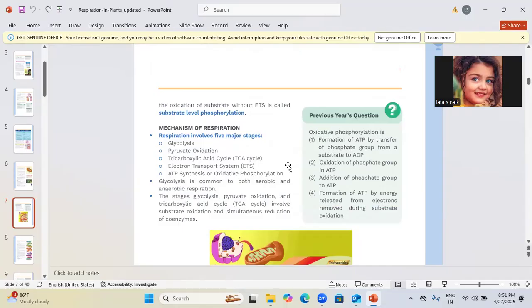So kindly go through the mitochondrial structure so that the mechanism of respiration explained will be easy to understand.